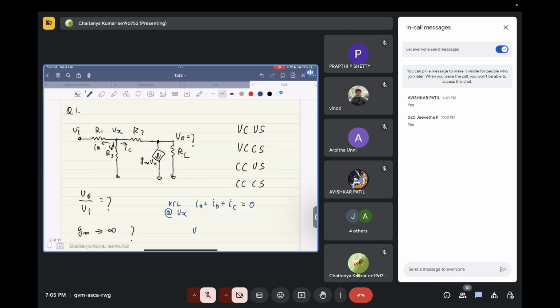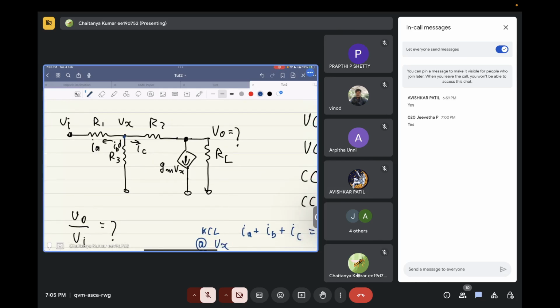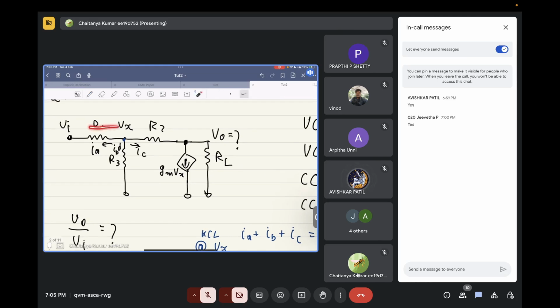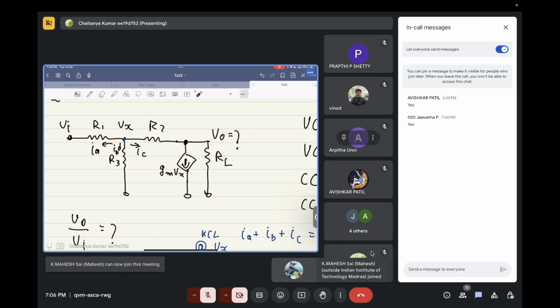What is the direction in which Ia is flowing? It is flowing inside the node or outside the node? Out of the node. So in this direction, whatever current is flowing, we write it as Ia. It will be the potential difference across this resistor divided by the value of this resistance, right?